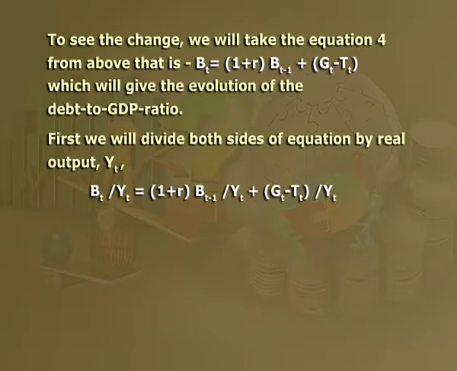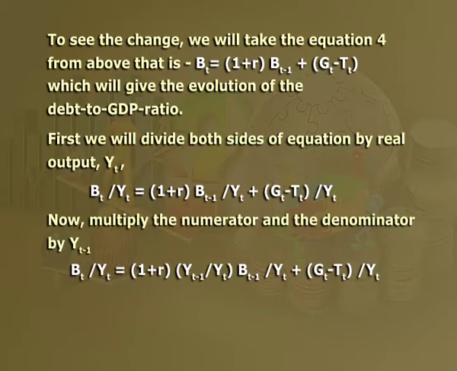First, we will divide both sides of equation by real output, which is Yt. So, our equation becomes Bt divided by Yt is further equal to (1 plus R) whole into Bt minus 1 divided by Yt plus (Gt minus Tt) whole divided by Yt.